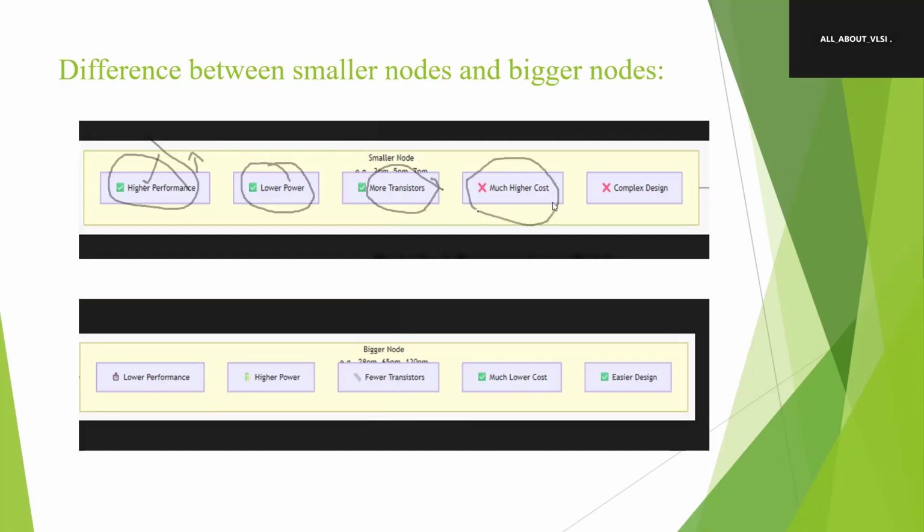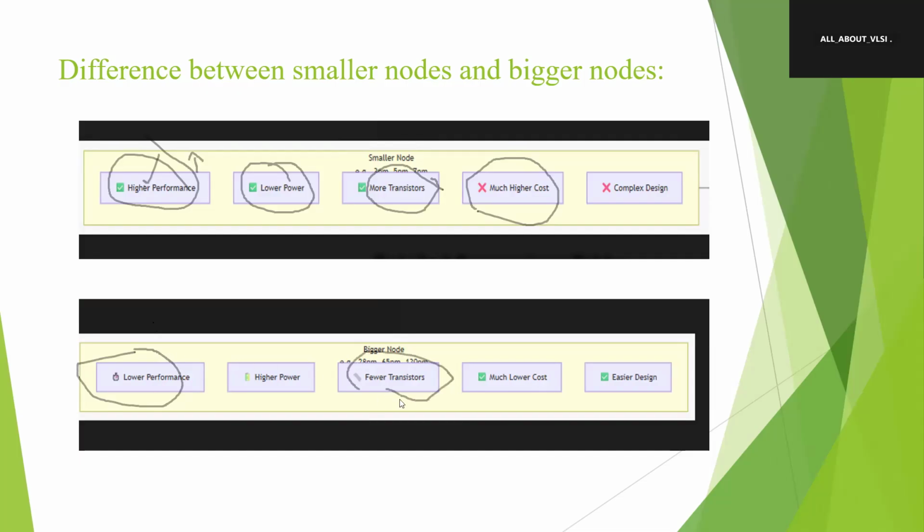but much higher cost. Why? We are having more transistors. For that, our cost also increases and complexity also increases. Coming to bigger nodes, low performance because of fewer transistors.